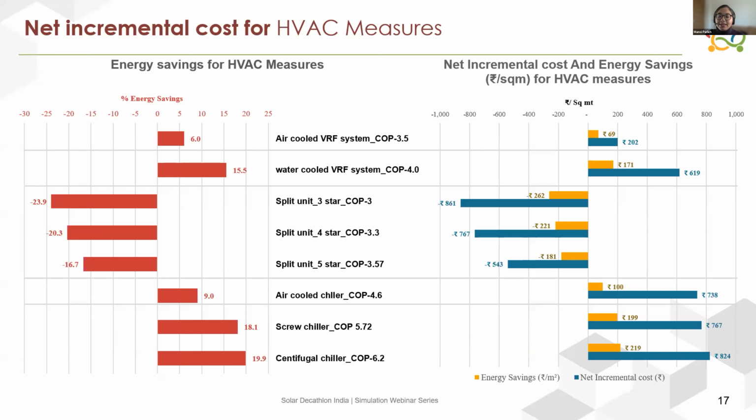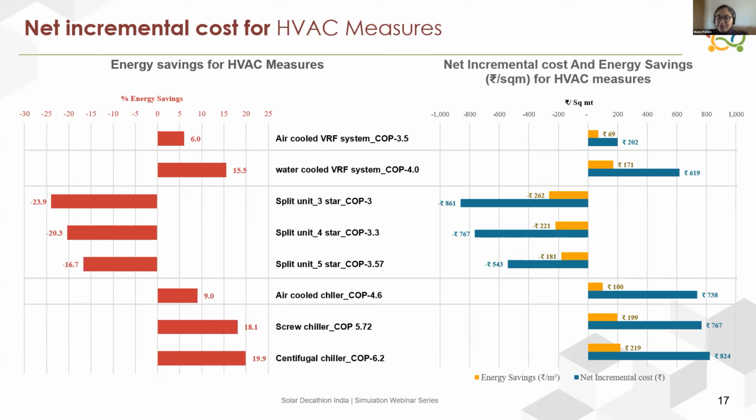The centralized systems are VRF systems, air cooled and water cooled chillers, screw chillers, and centrifugal chillers. And decentralized systems are the split units with BEE 3-star, 4-star, and 5-star rating.